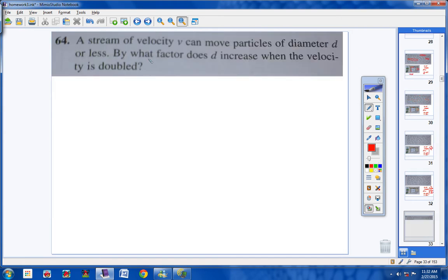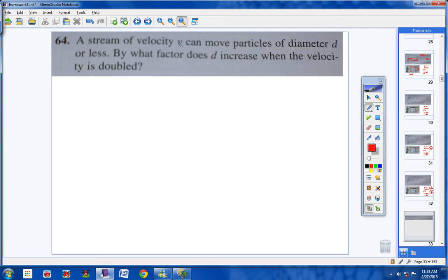Number 64. A stream of velocity v can move particles of diameter d or less. By what factor does d increase when the velocity is doubled? Now, if you look at the directions for 64, it says exactly this.